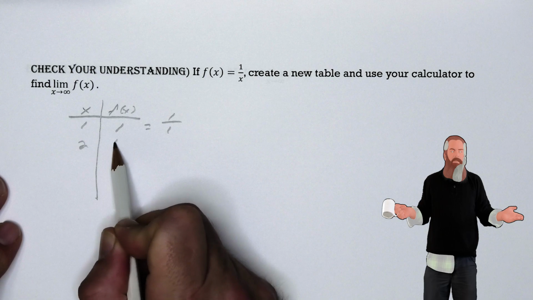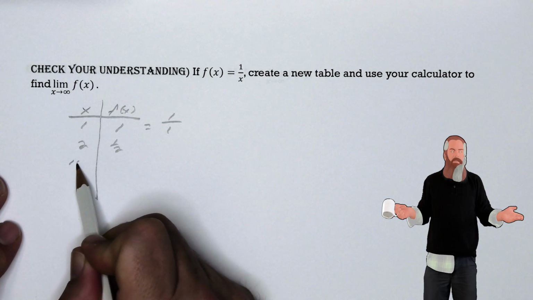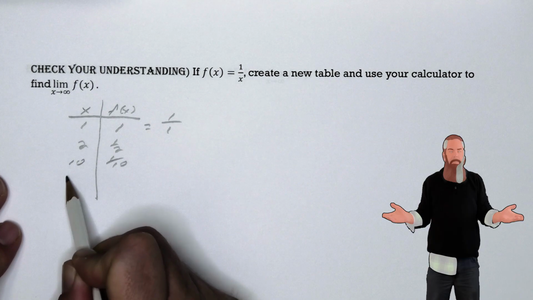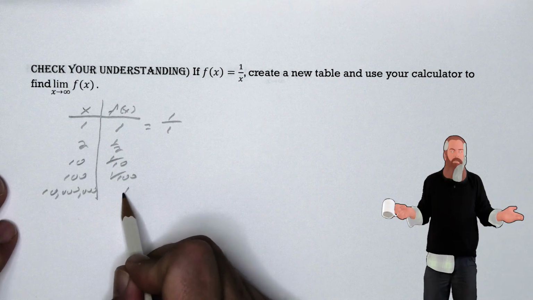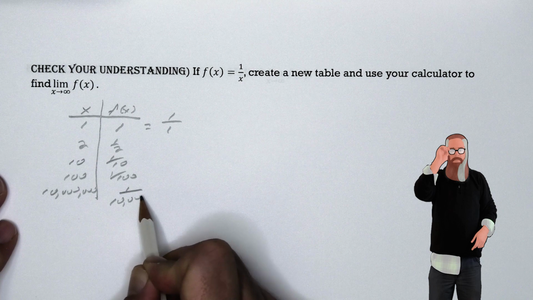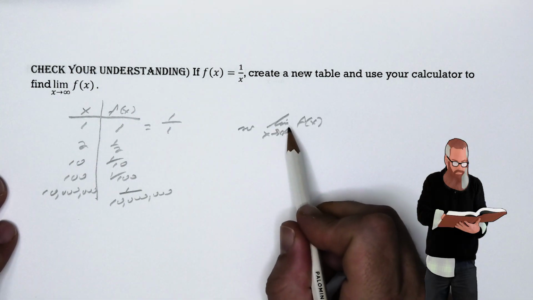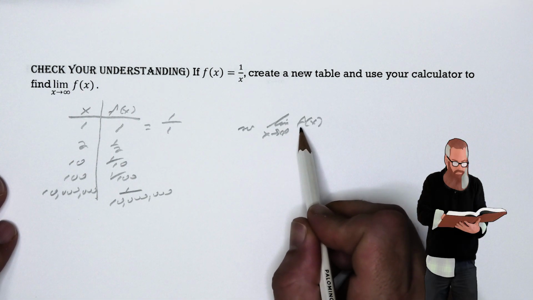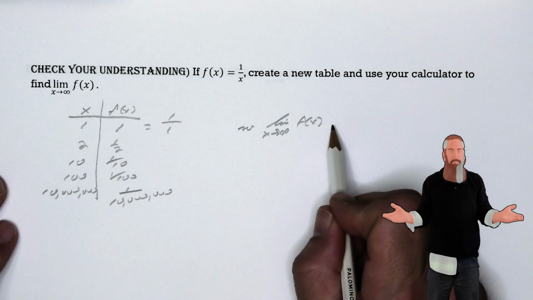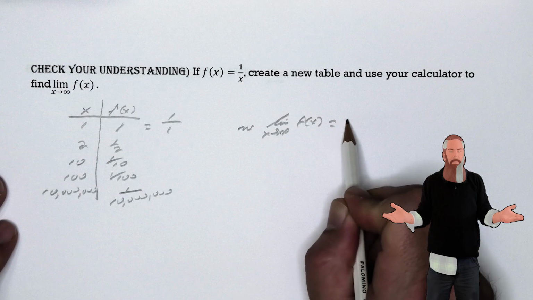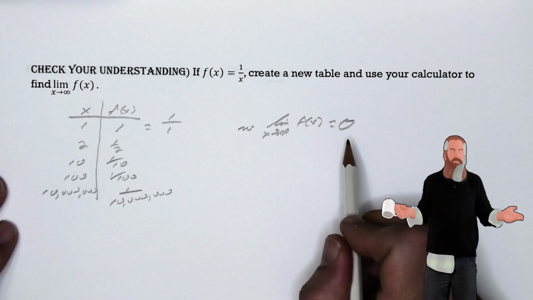If x was 2, we'd have 1/2. 10, we would have 1/10. 100, we would have 1/100th. 10 million, and we would have 1 over 10 million. So we can see the limit as x approaches infinity of f of x is getting smaller and smaller till it's almost but never quite 0, meaning the limit is 0.